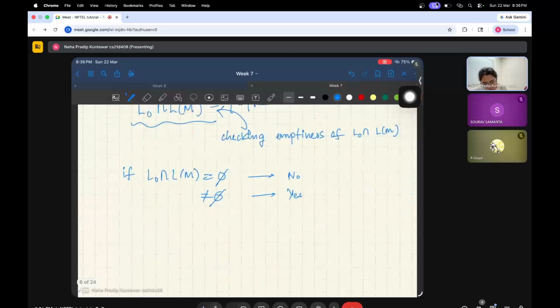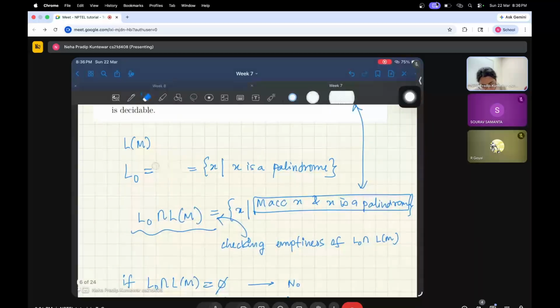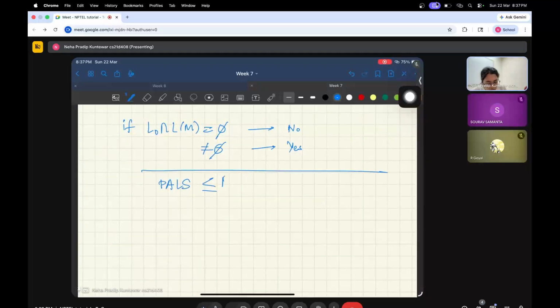So that means you have reduced the instance of PALs to the language of EPD.